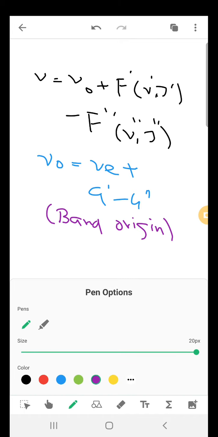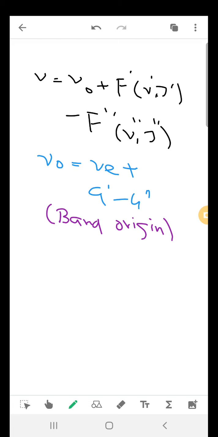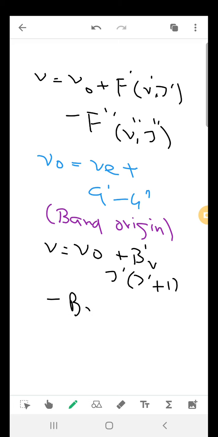And ν = ν0 + B'J'(J' + 1) − B''J''(J'' + 1), and these two B' and B'' are again the rotational constants.